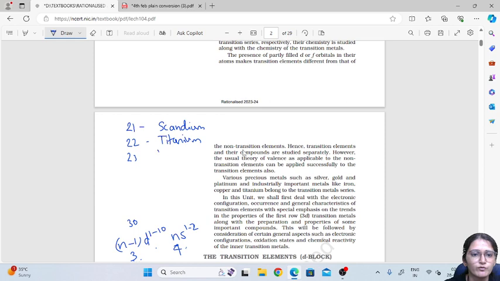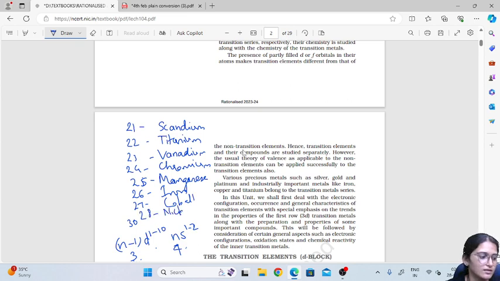23 is vanadium, 24 is chromium, 25 is manganese, then 26 is iron, 27 cobalt, 28 nickel, then copper, and last is zinc.